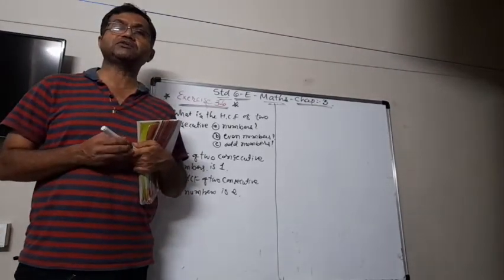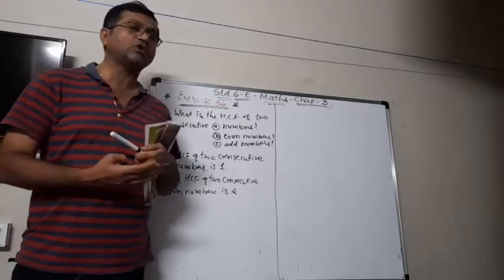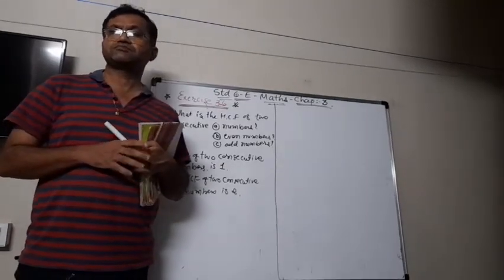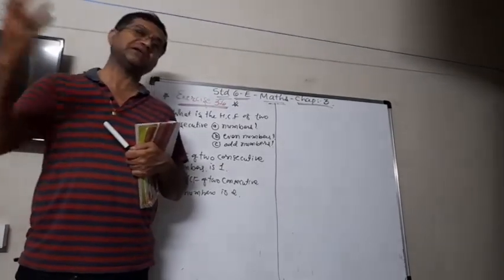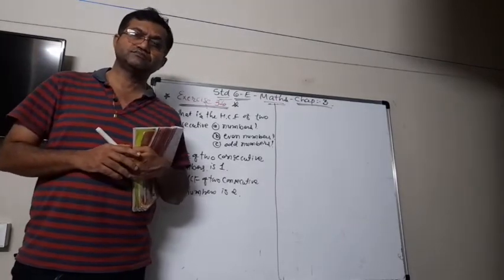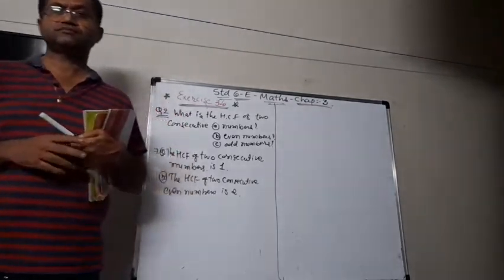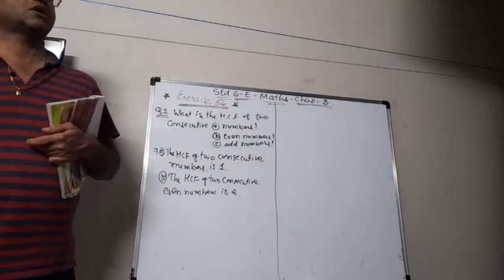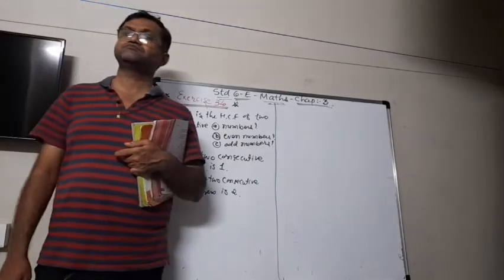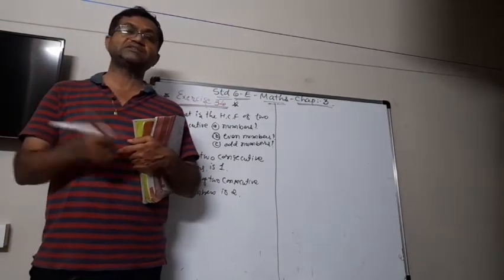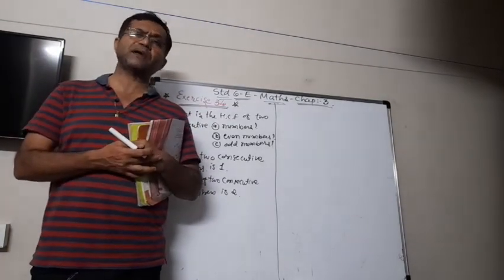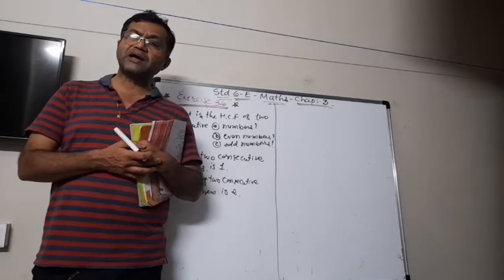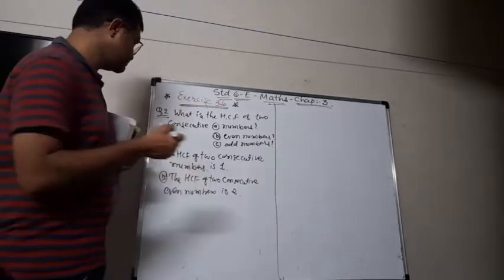Now if you take 2 consecutive odd numbers, 3 and 5, 5 and 7, 7 and 9, if you go on and on, will you get any common factor other than 1? No. 11 and 13, always co-primes. So their HCF also will be 1.